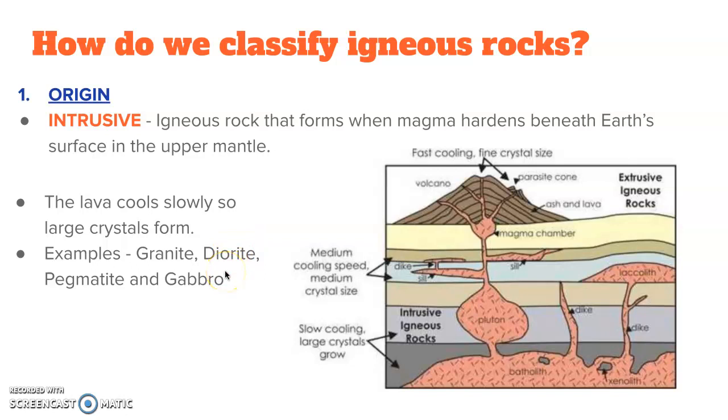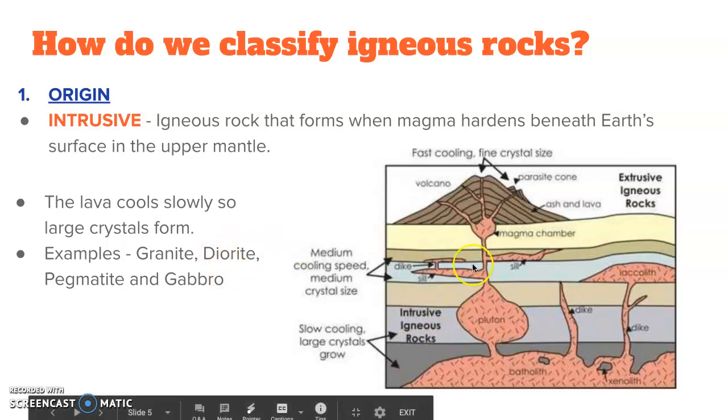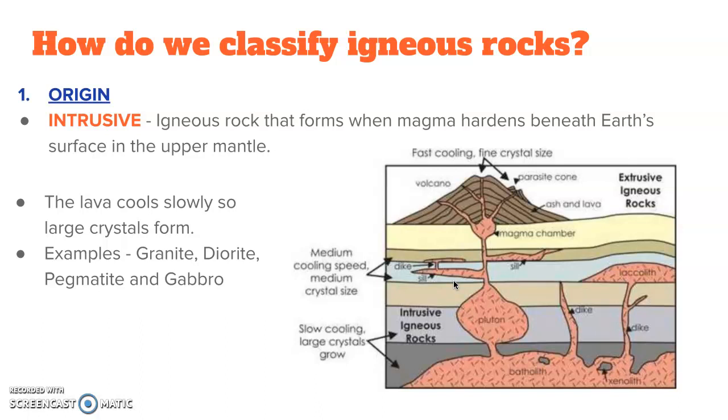Intrusive rocks are the other origin, and intrusive rocks, again, are going to cool within the surface of the earth. So it's going to be in the top layers of the mantle, which, remember, we call the lithosphere. And when that magma gets close to the surface of the earth, to the upper mantle, it doesn't have the heat to maintain its molten quality, so it cools and hardens into rock.